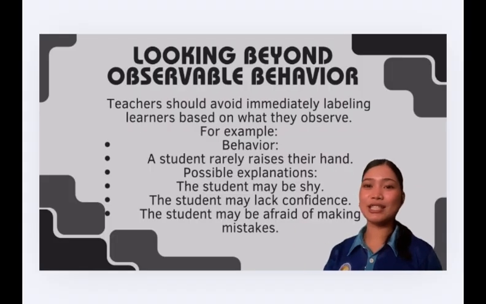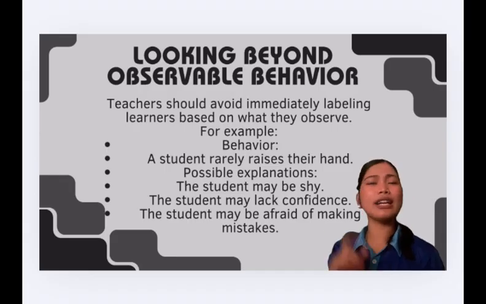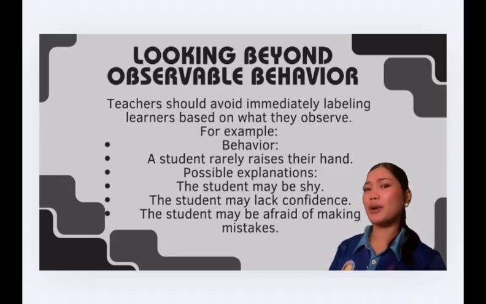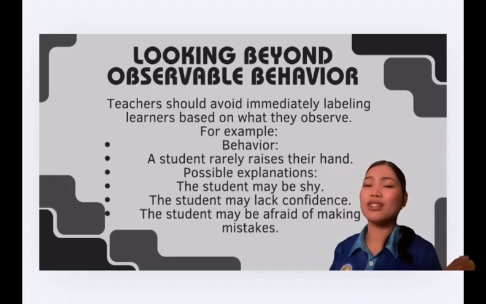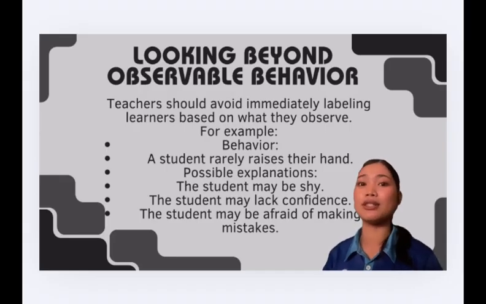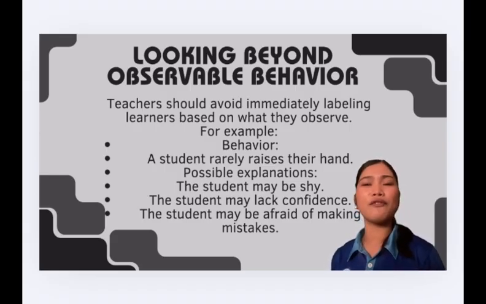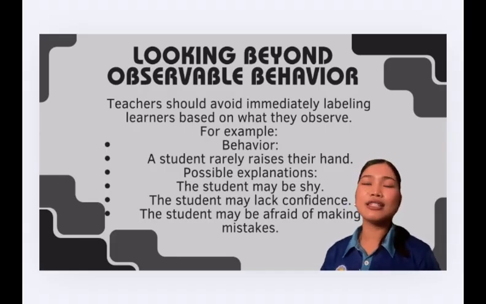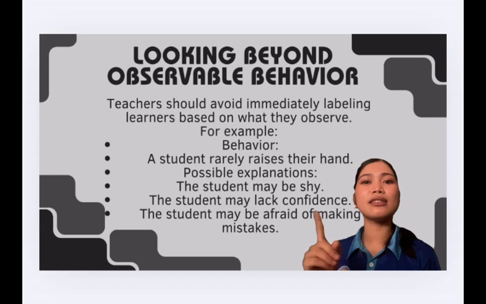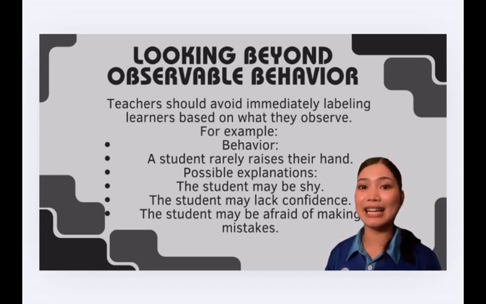This brings us to the importance of looking beyond observable behavior. For example, if a student is quiet, we should not immediately conclude that the student does not know the answer. The student might be shy, anxious, afraid of making mistakes, or simply more comfortable expressing ideas through writing, right? Similarly, if a student does not submit an assignment, there could be different reasons.